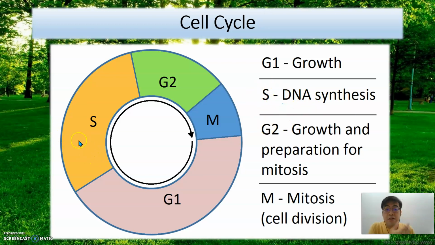The copying of DNA happens in the orange part here of the cell cycle. Then you go to G2, the second growth phase, as it prepares for mitosis. And finally, we come to mitosis, which only takes up a small part of the cell cycle. This cell division happens here.